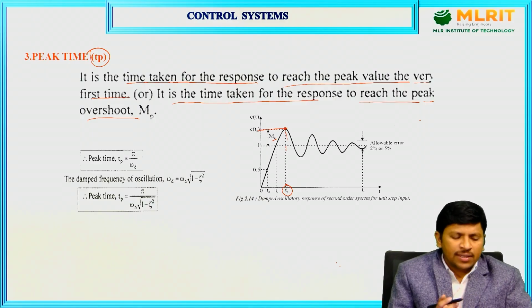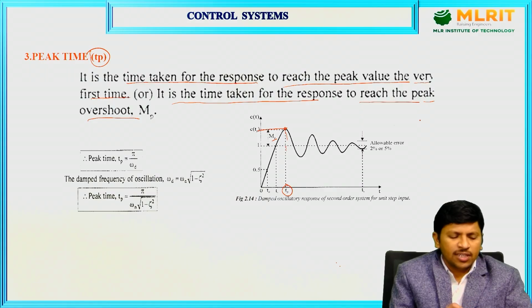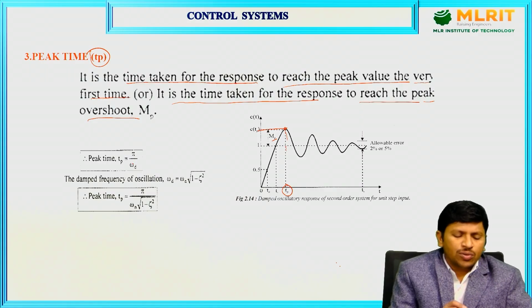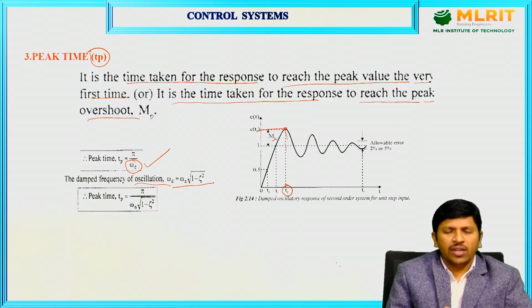Simply peak time. Here, the formula for the peak time is Tp equals pi divided by omega d, where omega d is the damped frequency of oscillation, that is omega d equals omega n into under root 1 minus zeta square.